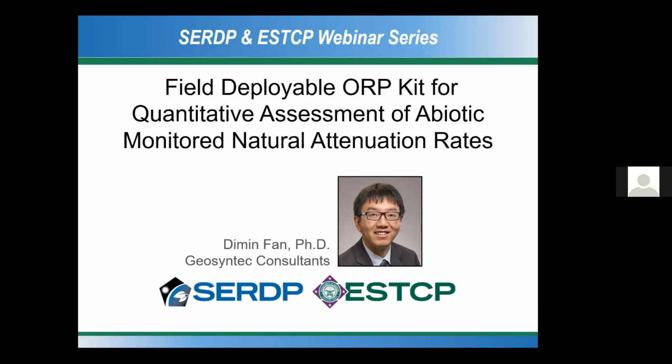He's authored more than 20 peer-reviewed research papers, including on novel tools to characterize natural attenuation processes. He earned a bachelor's degree in environmental chemistry from Nanjing University in China, a master's degree from University of Delaware, and a doctoral degree in environmental science and engineering from Oregon Health and Science University. Demin, please proceed.